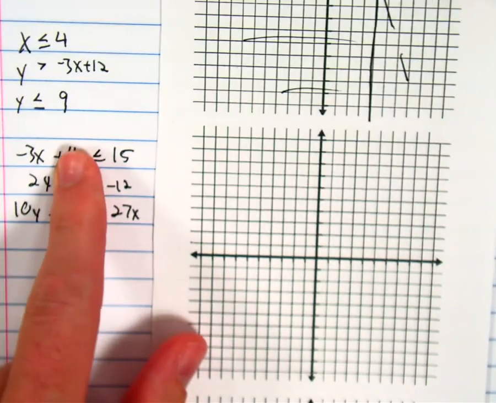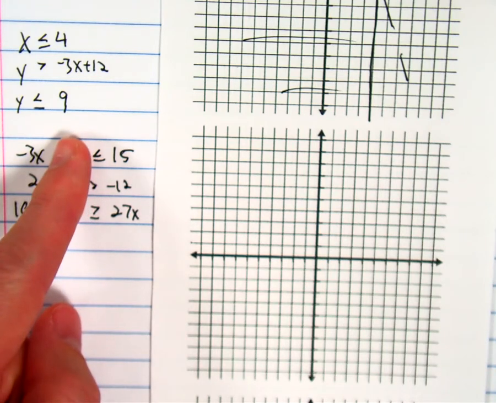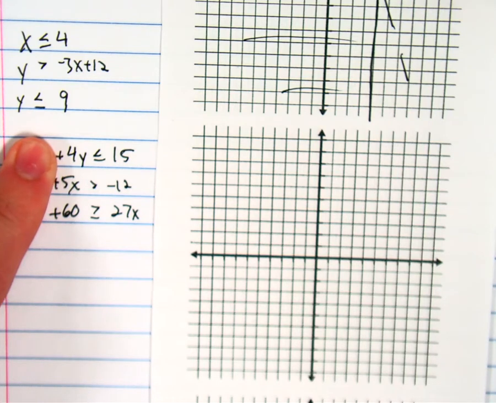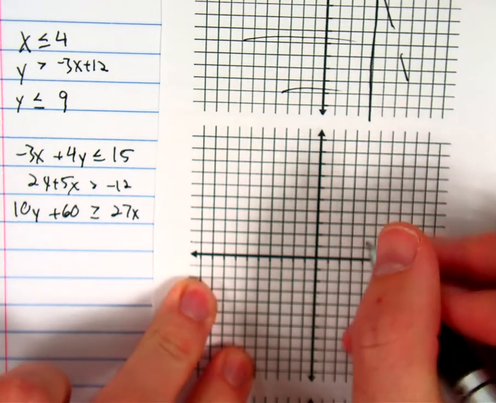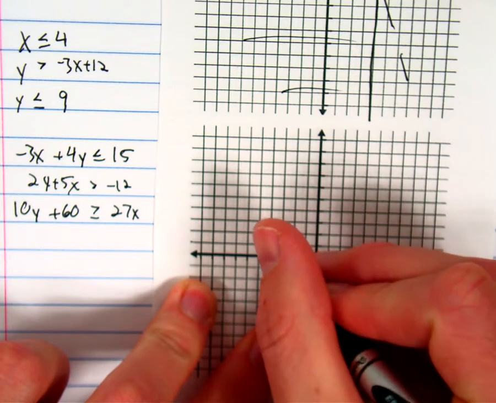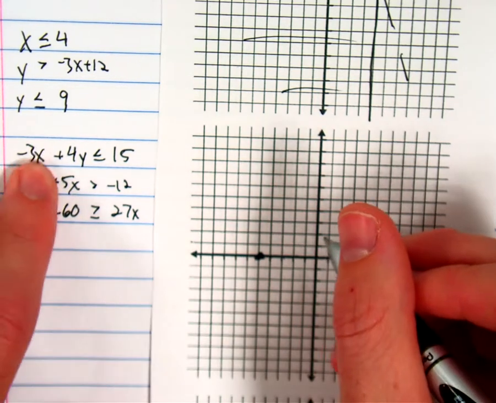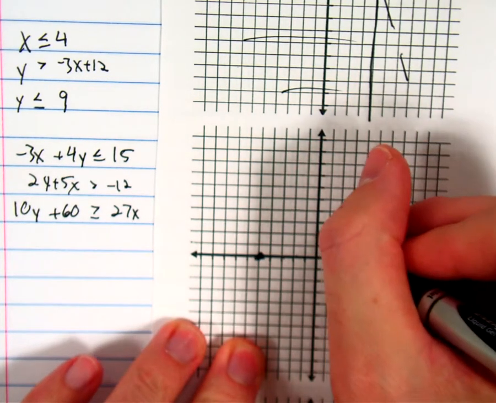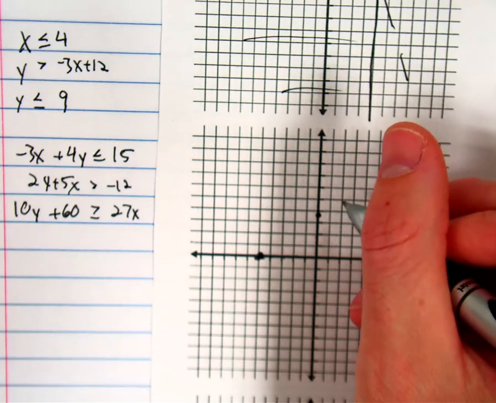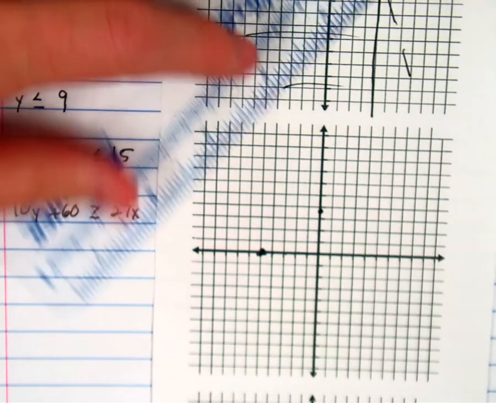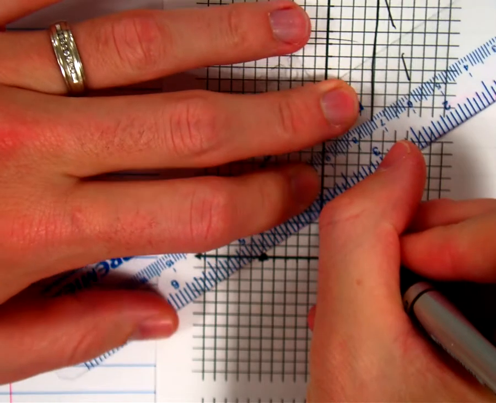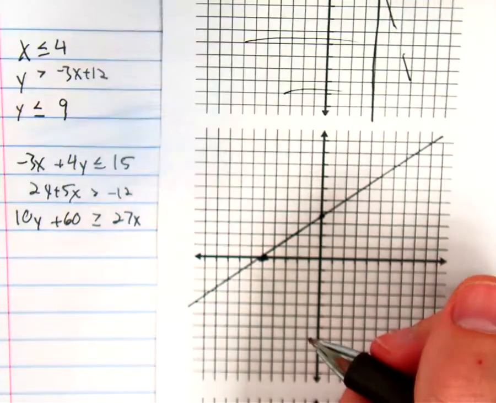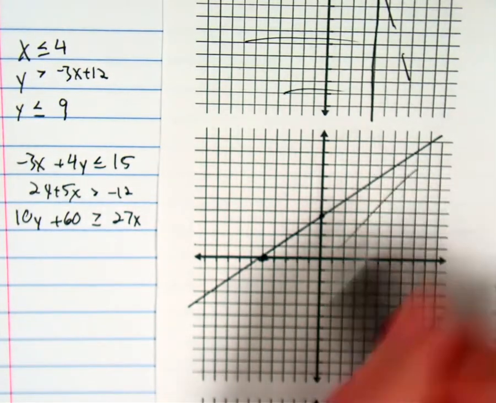Cover-up method, we're going to cover up the 4y. My x would be negative 5. And my y would be just under 4. So let's try that. Negative 5, 1, 2, 3, 4, 5. Okay, and then 15 over 4 is going to be 3.75. Just under the 4. Okay, solid line. And we would shade it below.